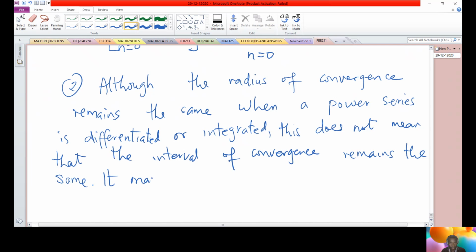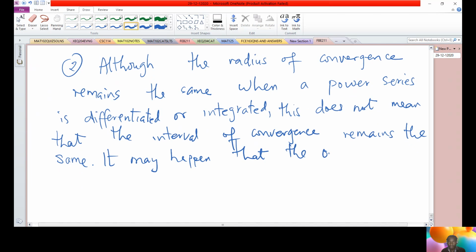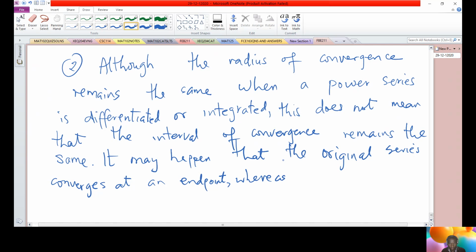It might happen that the original series converges at an endpoint, whereas the differentiated series diverges there.